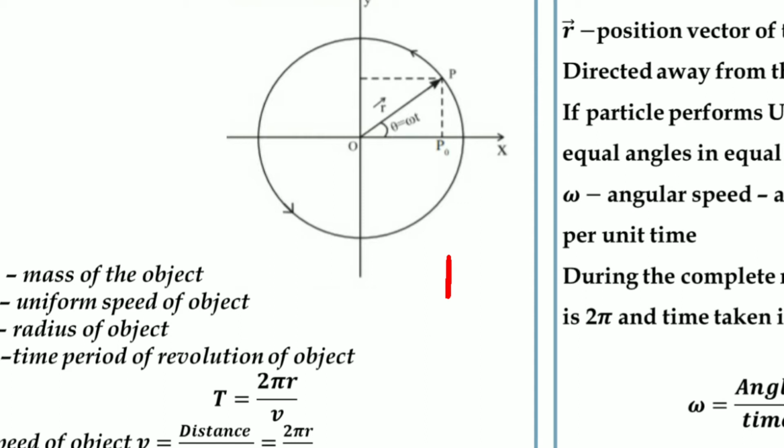What does revolution mean? If the object starts from this horizontal line x and comes back to this line again after completing a complete circle, that is called a revolution.